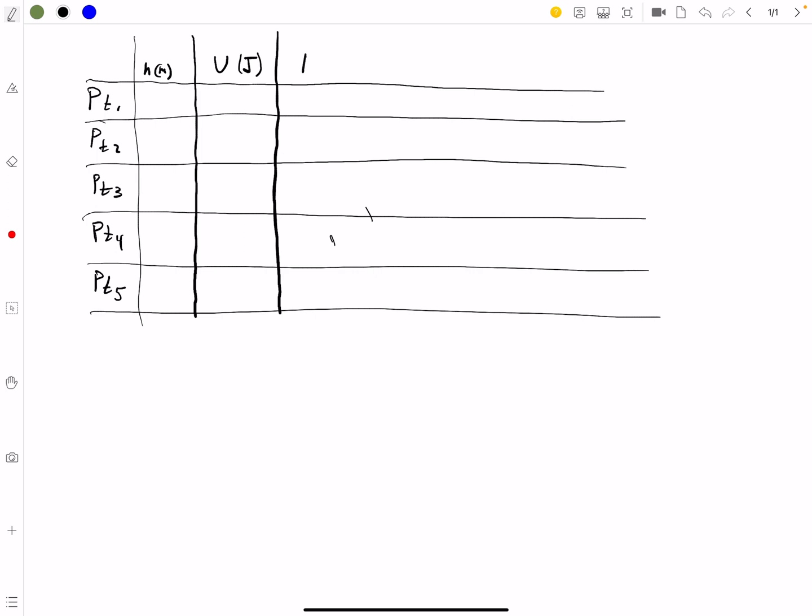We've got our kinetic energy, of course, that's in joules as well. We've got our total mechanical energy, again in joules, and we'll have a velocity associated with them in meters per second.